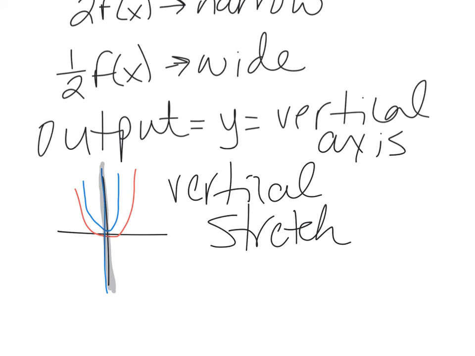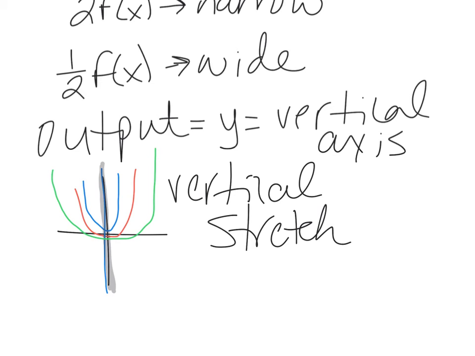Conversely, let me use green here, if it gets wider by the 1/2, I am compressing it, so I'm pushing it down. If you compress soil, like if you're putting in a driveway, you've got to tap down the soil so that water and air don't get underneath it, so you're compressing. I'm pushing it down towards the x-axis.